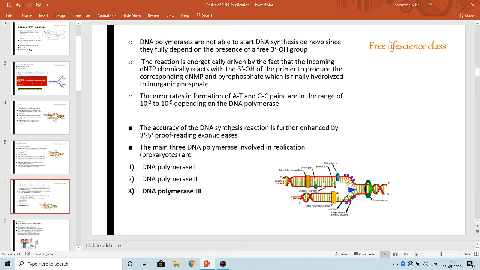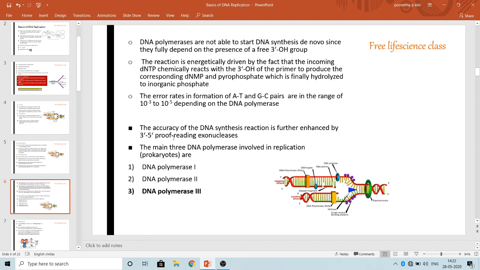The accuracy of the DNA synthesis reaction is further enhanced by 3' to 5' proofreading exonucleases. So the DNA polymerase has one function, DNA synthesis, and another function, proofreading activity, in the 3' to 5' direction.